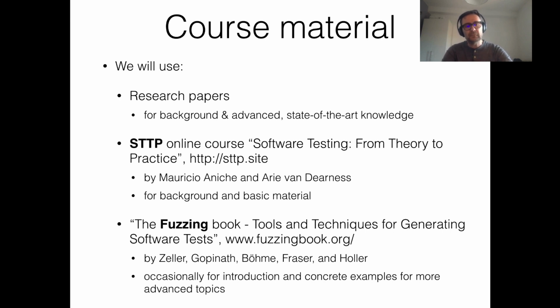So we'll not focus on the fuzzing book, but there are some parts of the course where we'll use its material. The good thing with both of these books is that they give fairly concrete code-based examples. I think STTP is mainly Java-based, the fuzzing book is Python-based, but it's going to be short, almost pseudocode-like examples, so you can run it if you're familiar with these environments, Java or Python, but you probably will not have to. But it's good that they have concrete examples like that.